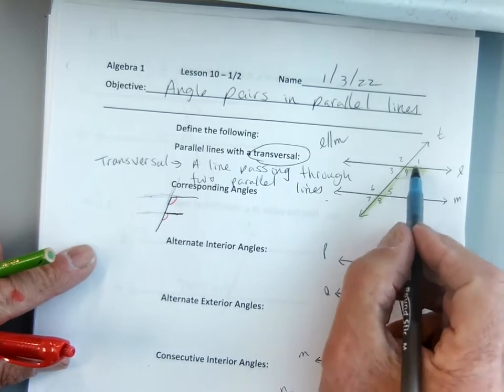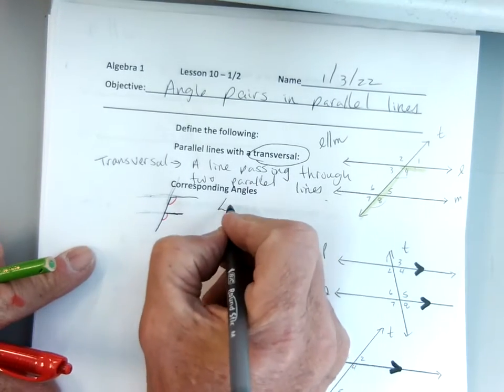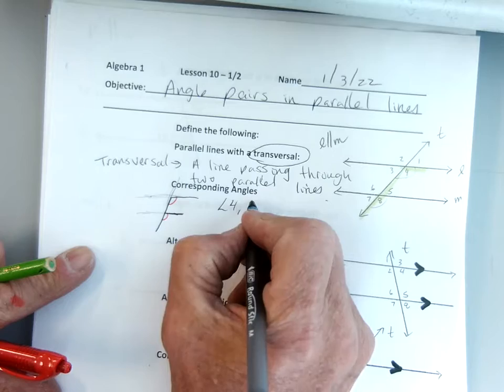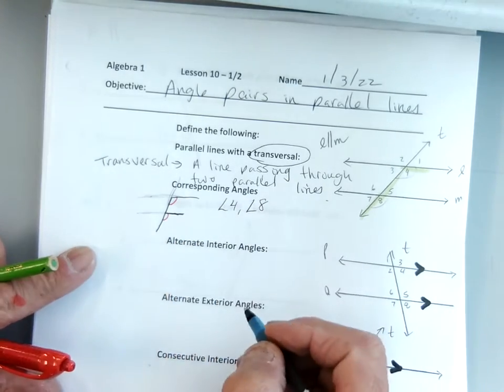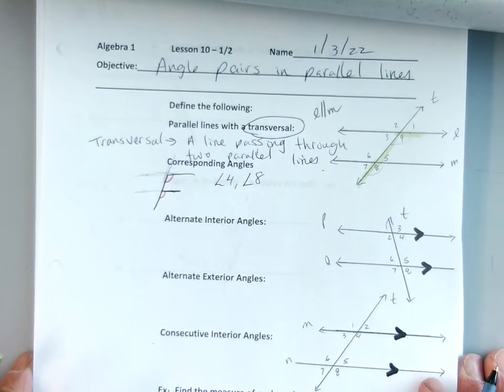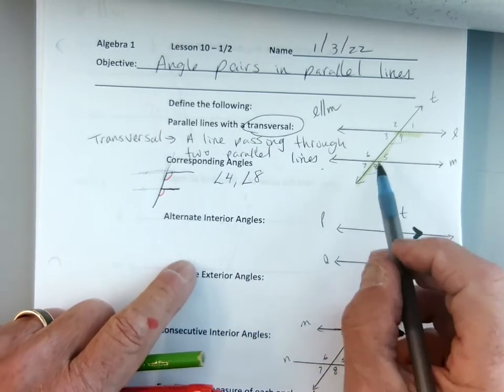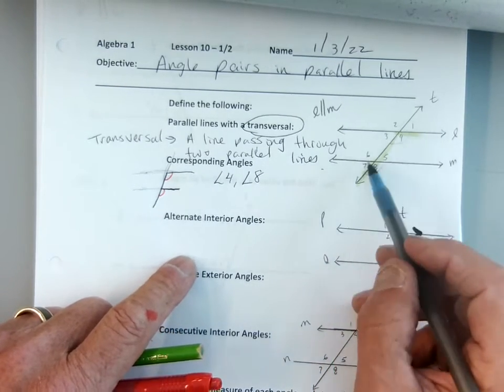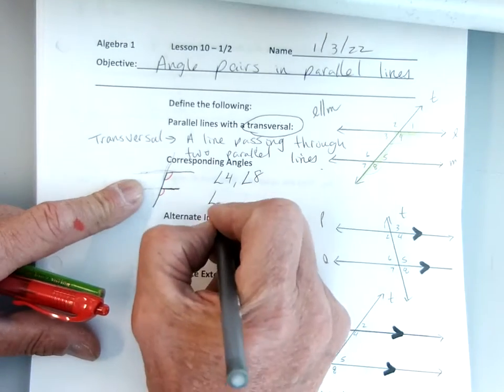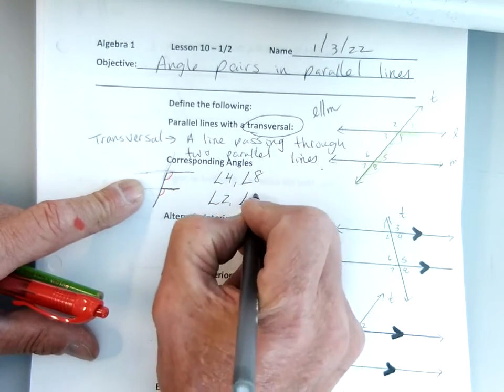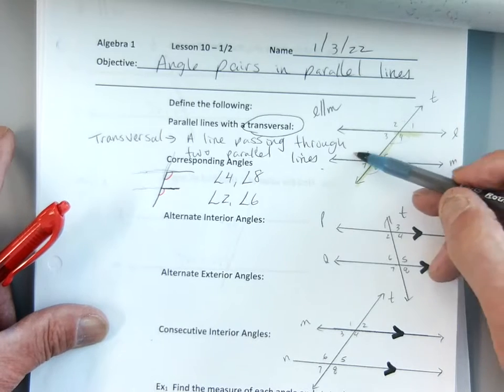See the F? So angle 4 and angle 8, those are going to be corresponding angles. Give me another pair of corresponding angles. 2 and 6 is correct. Angle 2 and angle 6, because I can see they make the F.